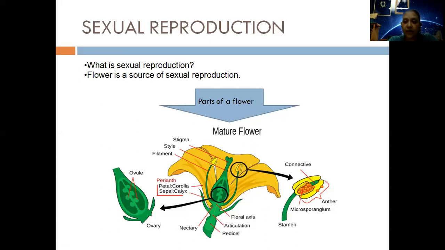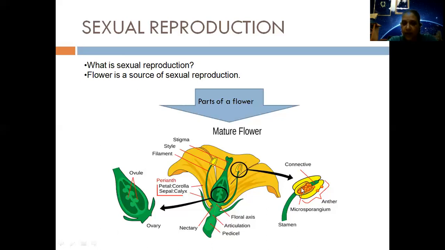Here in the flower, you will see the part that has been circled in black. To the right top is the stamen, which has the filament and the anther lobe. This anther lobe consists of the male gametes, or the pollen grains, that we would study later.